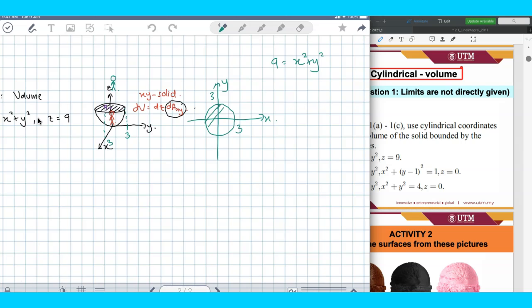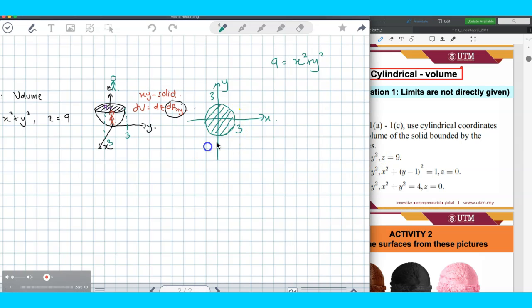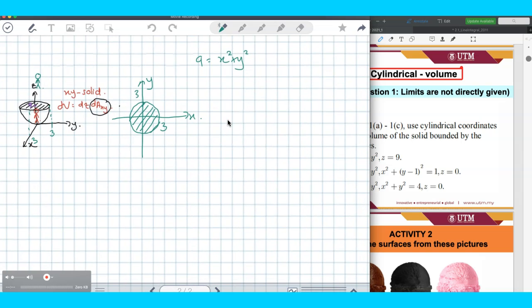That is your region. They don't mention the first octant, meaning you have to consider the complete circle. Now, based on your region, we are talking about dA xy, which can be transformed into polar, which is cylindrical, because we are solving in triple integral.